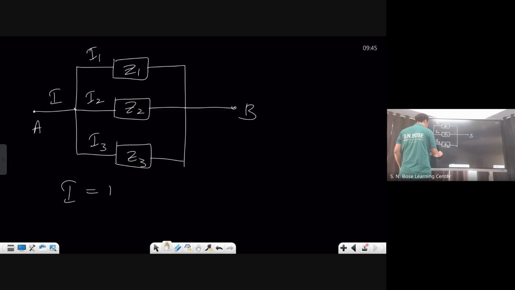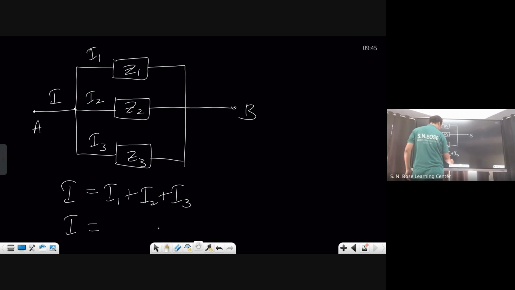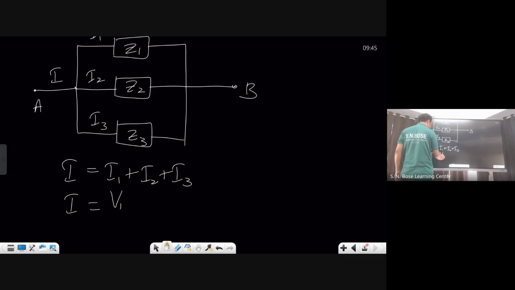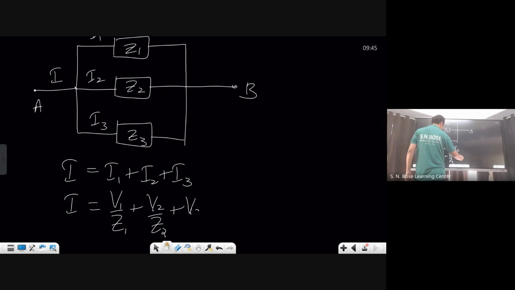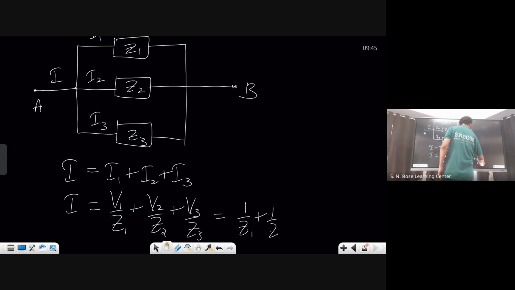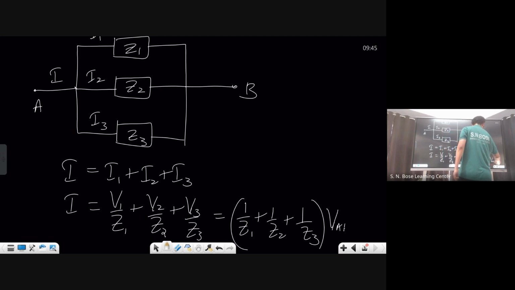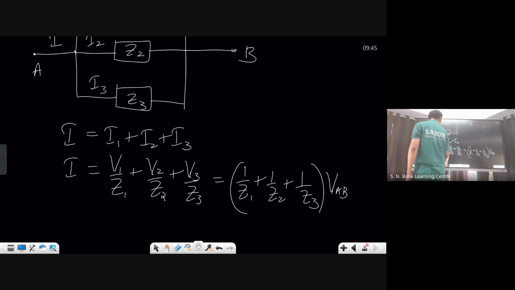Main current is equal to I1 plus I2 plus I3, that is V1 by Z1 plus V2 by Z2 plus V3 by Z3. But V is the same, am I right? V1, V2, V3 are the same as VAB. So it is 1 by Z1 plus 1 by Z2 plus 1 by Z3, into VAB. Okay, fine. See this one.